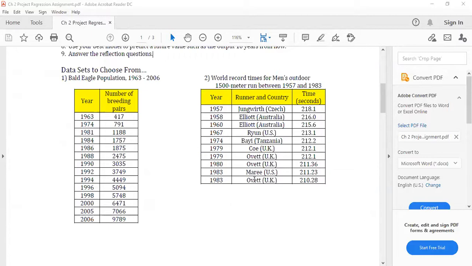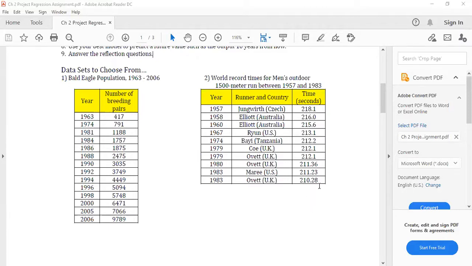It's a categorical variable, so I can't really use that in a regression. So my two variables are year and time. The input is usually your X, the output is your Y. I chose the year to be my input, so that's my X variable, and I chose my time in seconds to be my output, that's my Y variable.